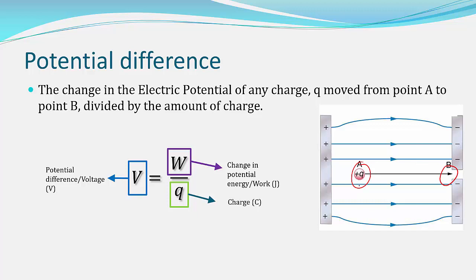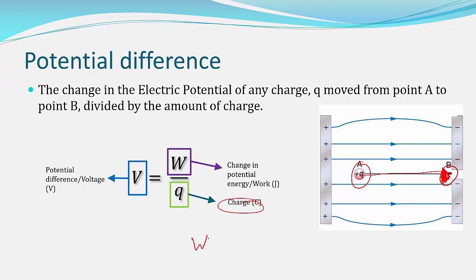So this positive charge here has the potential to move from A to B because it is within an electric field that is going to be pushing it in this direction, which means it has a potential to move. And so we can say that the potential difference is how much energy can be transferred, how much work can be done, divided by the charge of that particle.